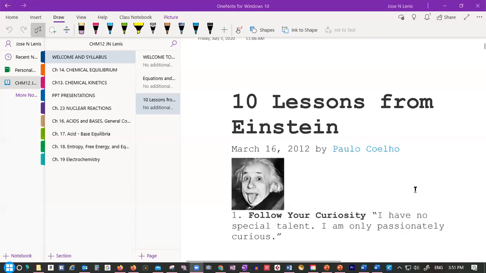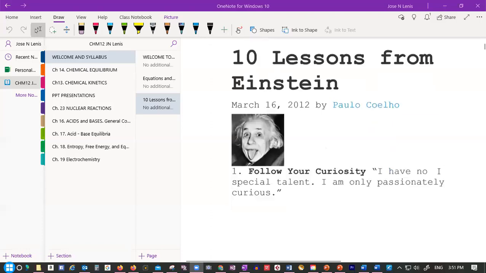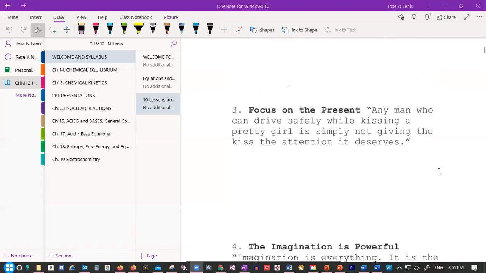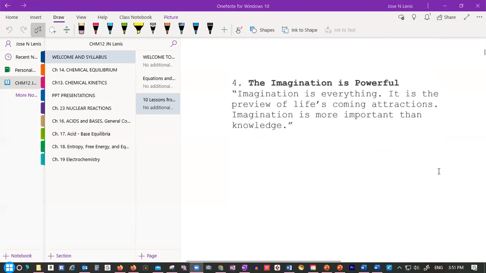But again, let's start with a few lessons from Einstein. What about this? I have a couple of good ones where Einstein was talking about imagination.